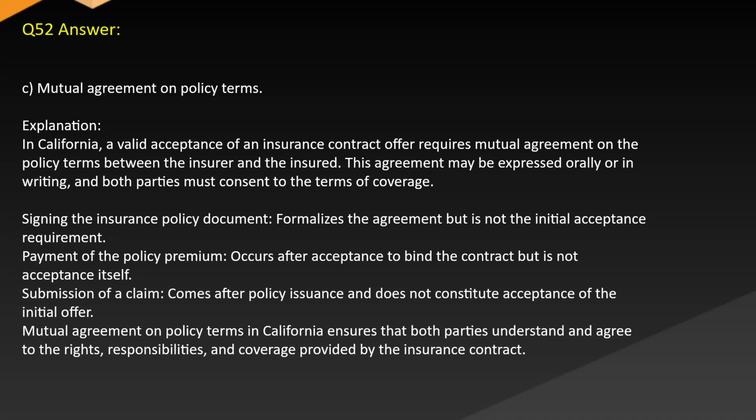Payment of the policy premium occurs after acceptance to bind the contract but is not acceptance itself. Submission of a claim comes after policy issuance and does not constitute acceptance of the initial offer. Mutual agreement on policy terms in California ensures that both parties understand and agree to the rights, responsibilities, and coverage provided by the insurance contract.